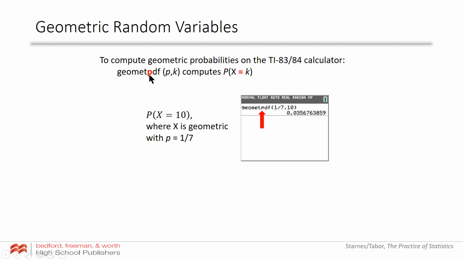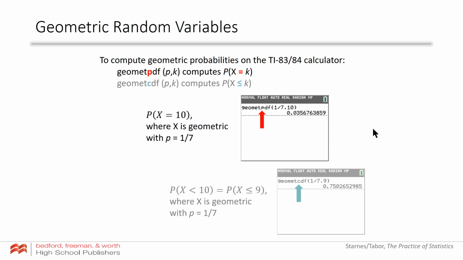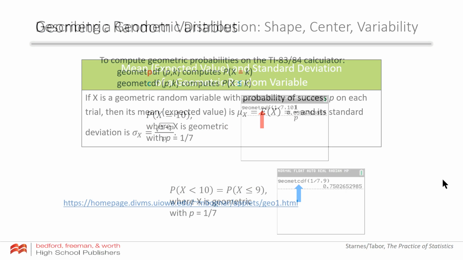CDF accumulates value up to and equal to that x value that you enter. So if you want the probability that x is less than 10, you actually need to think about that as a less than or equal to. That's equal to the probability that x is less than or equal to 9. So you would have to use your 9 as your x value there.